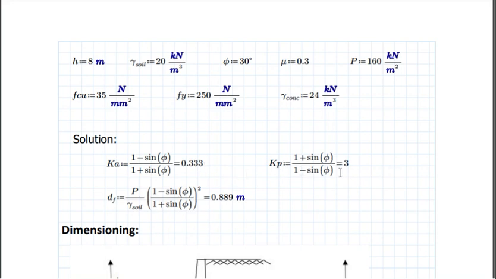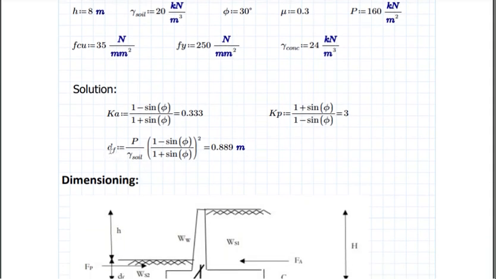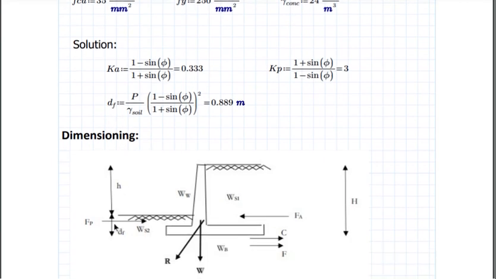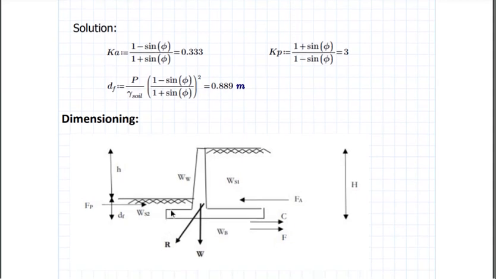Then, the same thing, just the inverse of this, we get our Kp, which is the passive coefficient. Then our df here is the height from the ground level to the very bottom of the footing slab, the base slab.